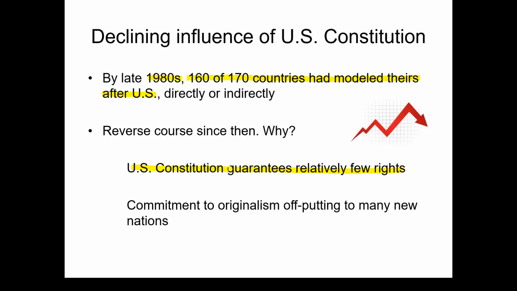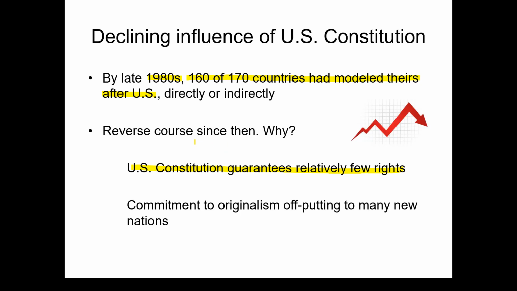So these countries that are coming into the world over the last few decades are dealing with a lot more issues. So they feel like maybe their constitution should guarantee more rights or more protections or more liberties than the U.S. Constitution did. So that kind of plays into the exercise there.